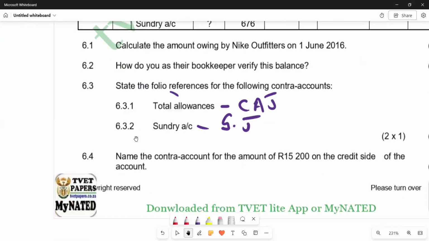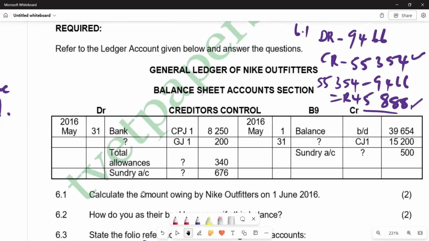Name the control account for the amount of 15,200 rands on the credit side of the account. So if you come here, we have got 15,200, and then we are being asked about that entry. So let's try to see how best we can name that one.